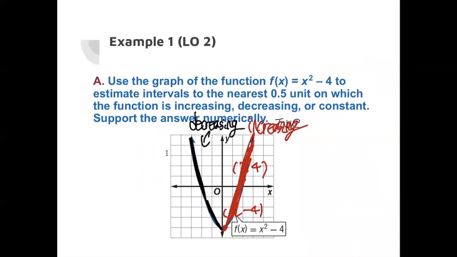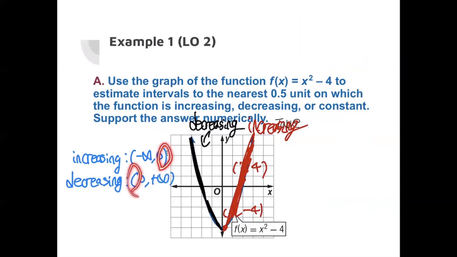So basically, we already know the answer. If you were to write the answer, we can say increasing is from negative infinity to 0. We can say decreasing is from 0 to positive infinity. You should always use round brackets because at x equals 0, it's neither increasing nor decreasing. It's more like constant, okay?